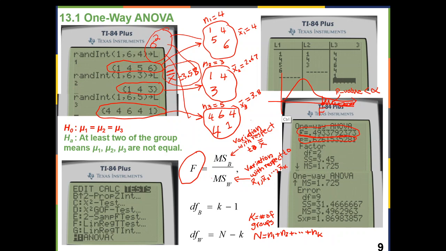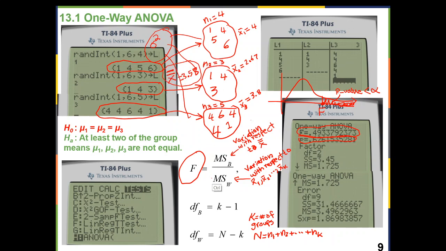So the f distribution is a ratio, and has 2 degrees of freedom. One is the numerator's degrees of freedom, and the other one is the denominator's. So for the numerator's degrees of freedom, you want the variation per group, and we have 3 groups, but we calculated the grand mean, so we lose 1 degree of freedom.